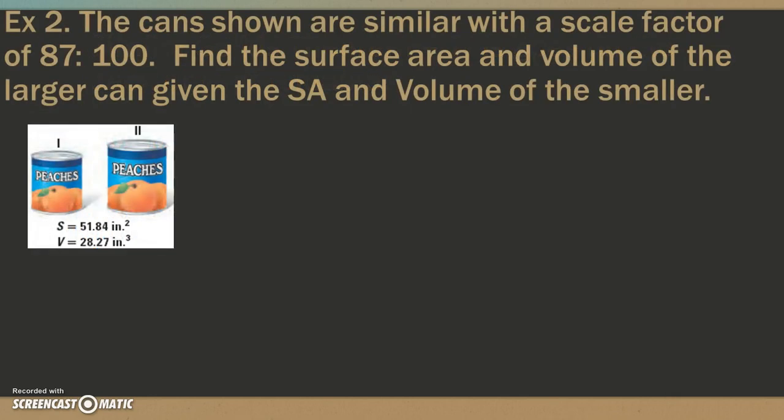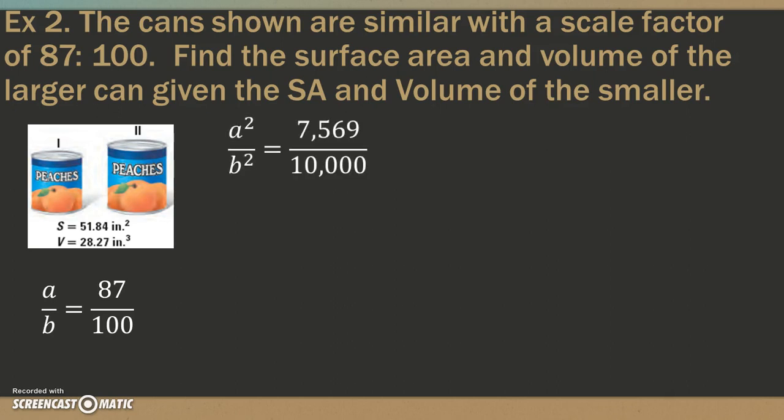So we can look at this one right here. The cans are similar. Their scale factor is 87 to 100. Find the surface area and volume of the larger can, given the surface area and volume of the smaller one. So we have the smaller one. The surface area is 51.84. The scale factor is 87 to 100. So the scale factor of the area is 87 squared to 100 squared, which is 7,569 over 10,000.